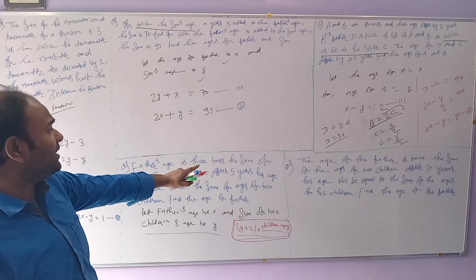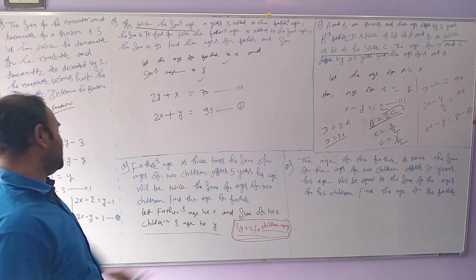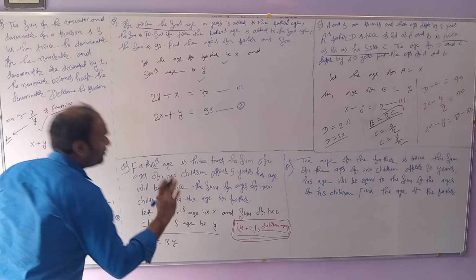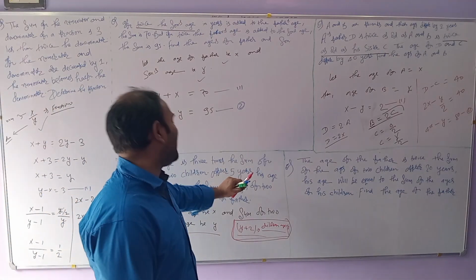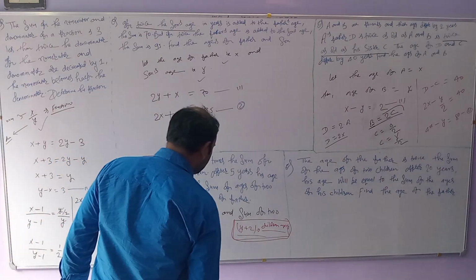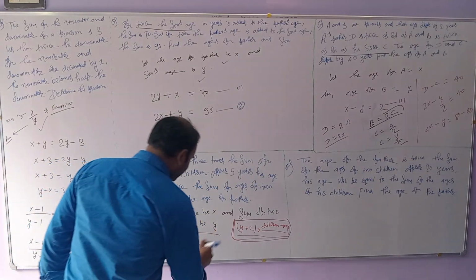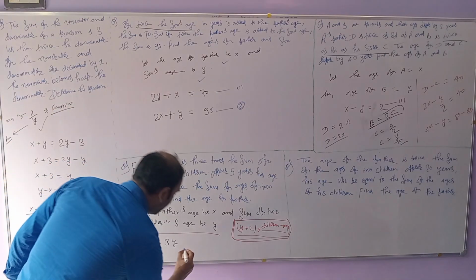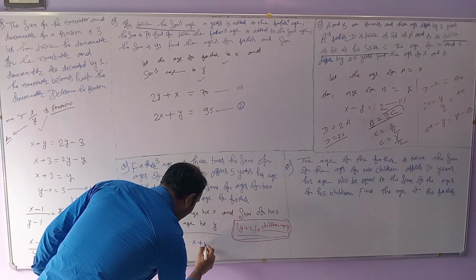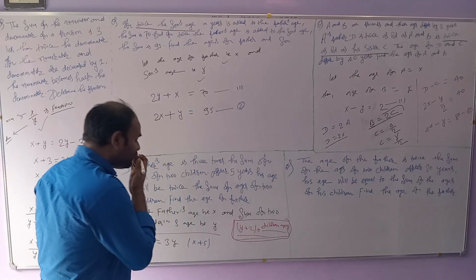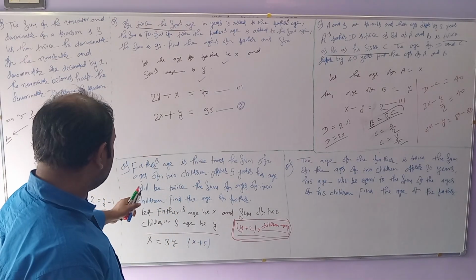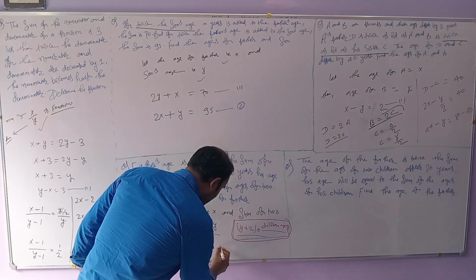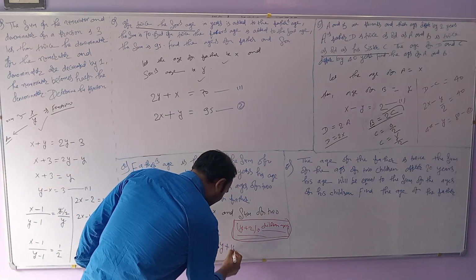Father's age is 3 times the sum of ages of two children. So x equals 3y. After 5 years, father's age becomes x plus 5. And the sum of two children's age becomes y plus 10.